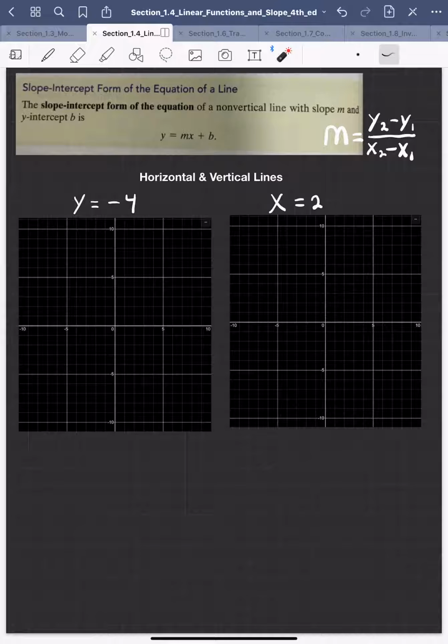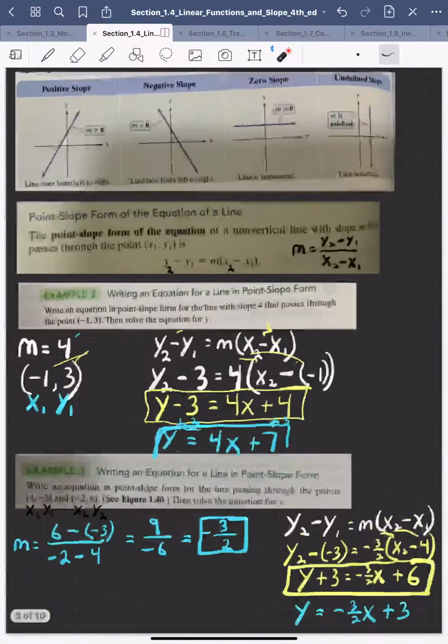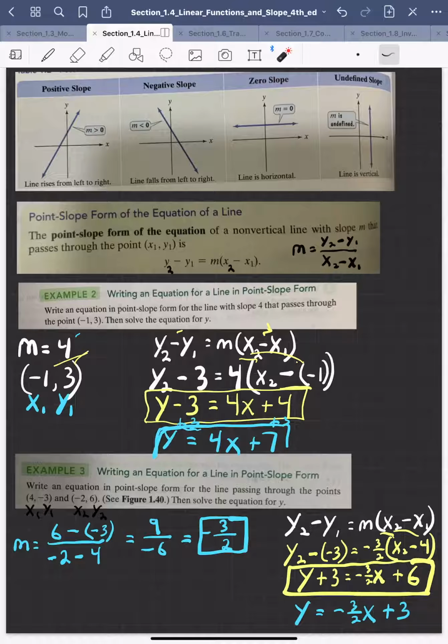So to recap, remember when at last we saw each other, we had learned about the point-slope form of an equation, which basically takes on the following form.